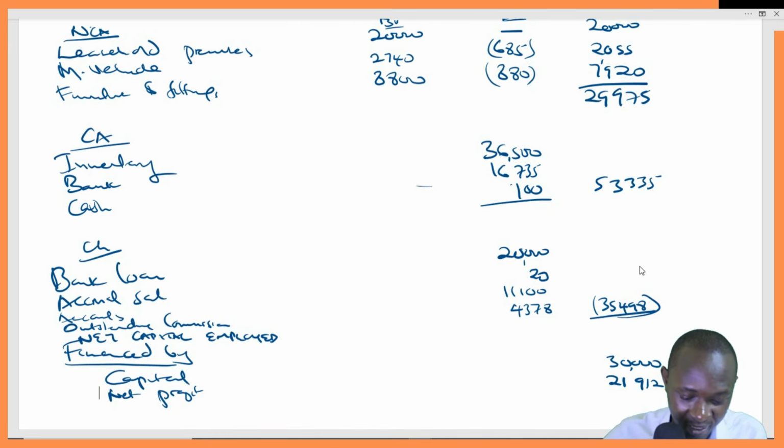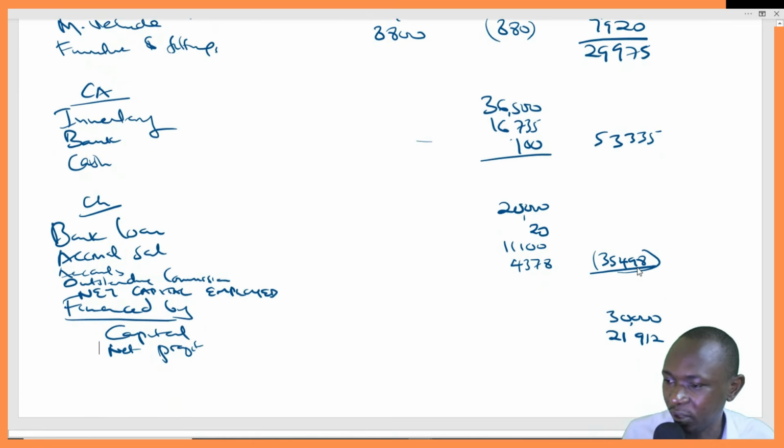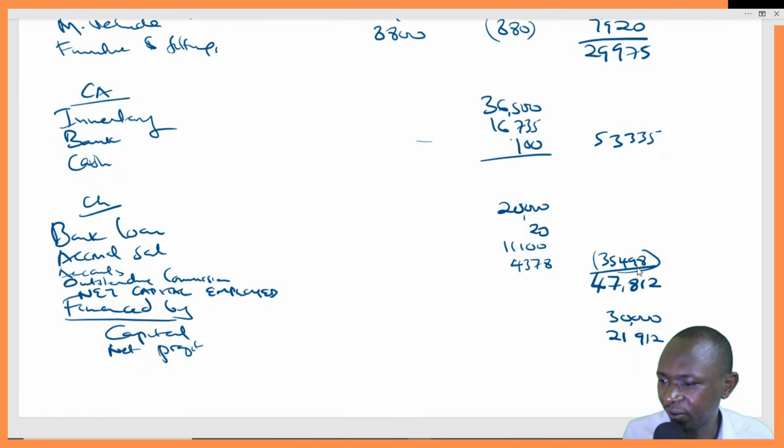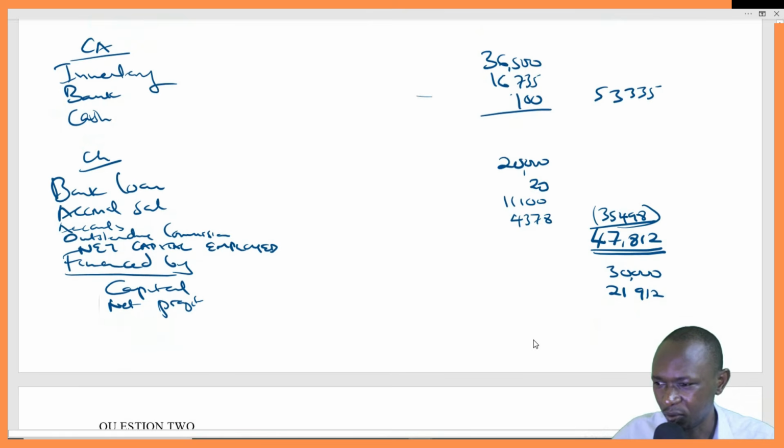This is a war-like situation, and the examiner is testing you on so many things. So you get 47,812. So that becomes our net capital employed. Now that should be correct.